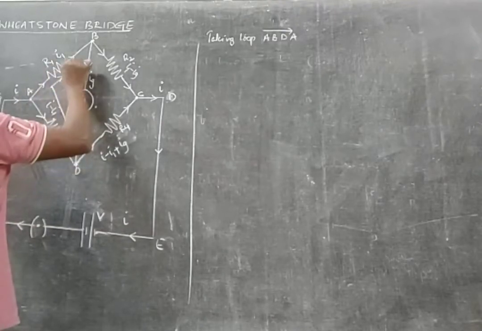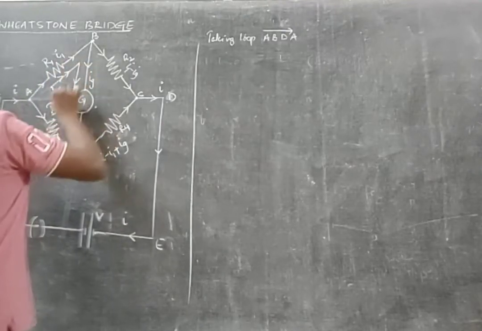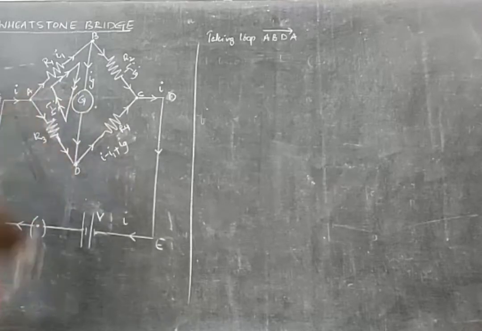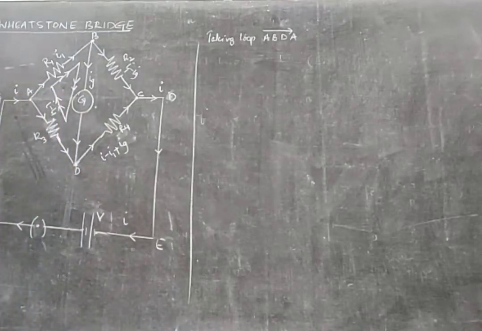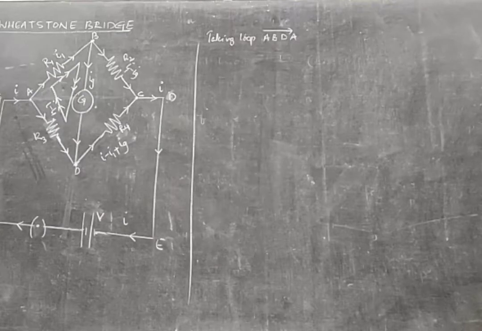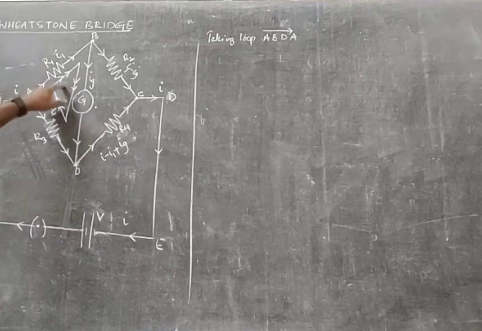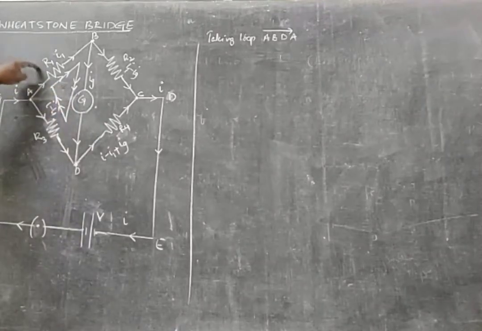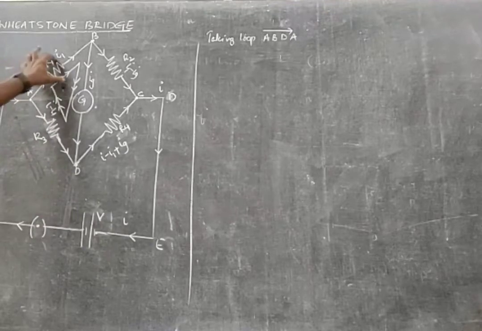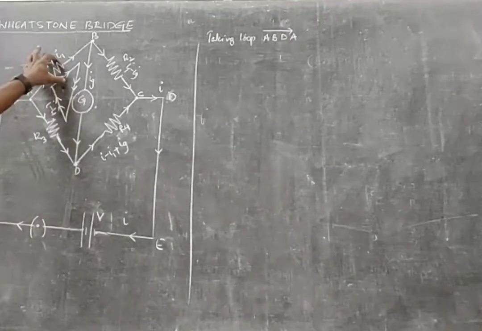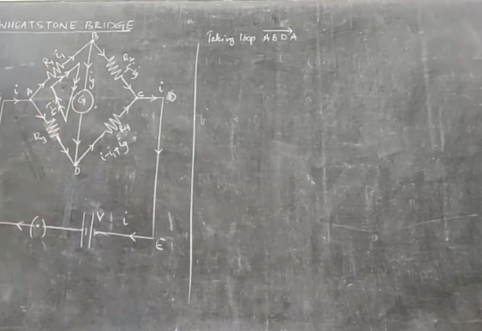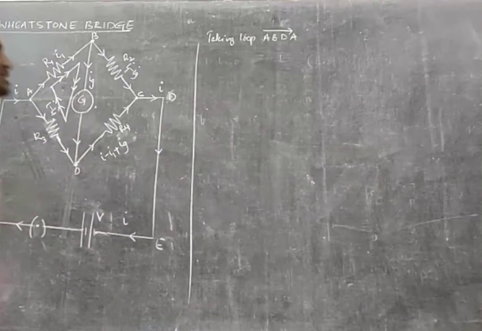Okay, so this is my direction. Sign convention rule: if the direction you have chosen and the direction of the current flow are in the same direction, then mark minus. If they are opposite, mark plus. That's all.